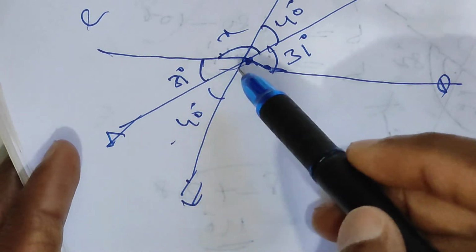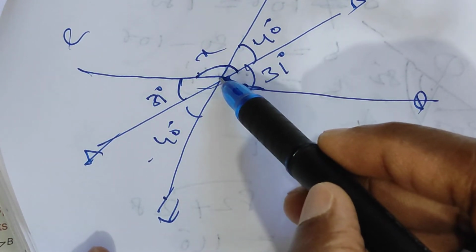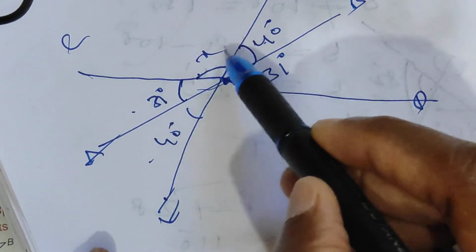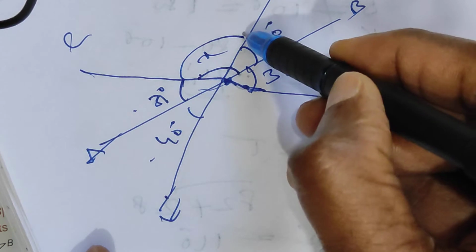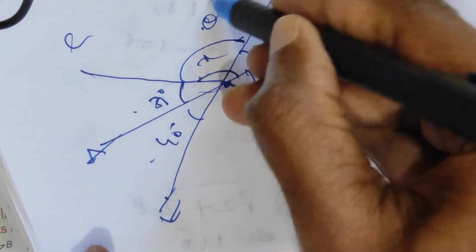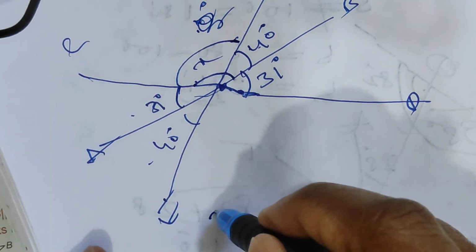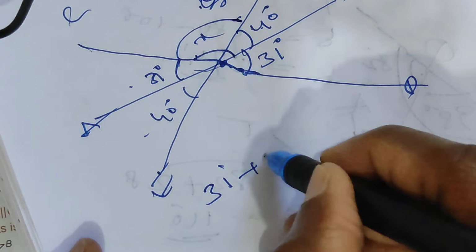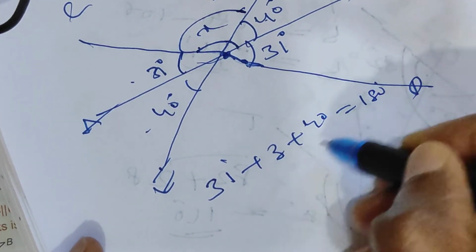As we know, this is around a straight point. The angle around a straight point should be 180. 31 plus 40 plus this angle. We'll consider this angle as some angle, theta or Z. Then 31 plus Z plus 40 must be 180.